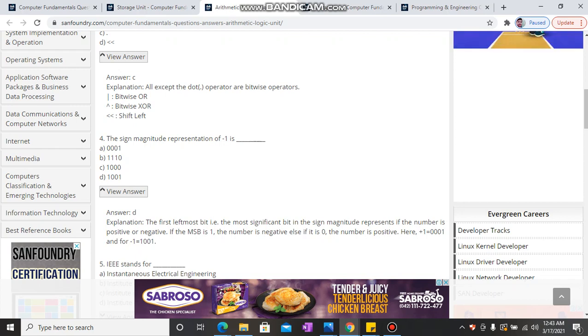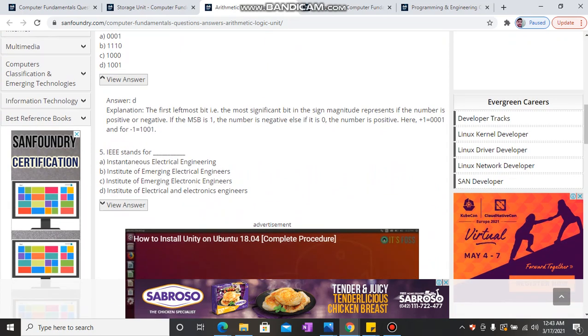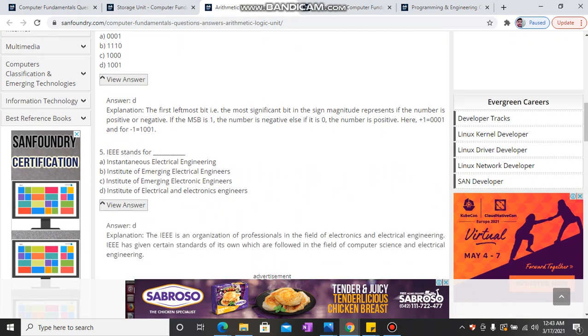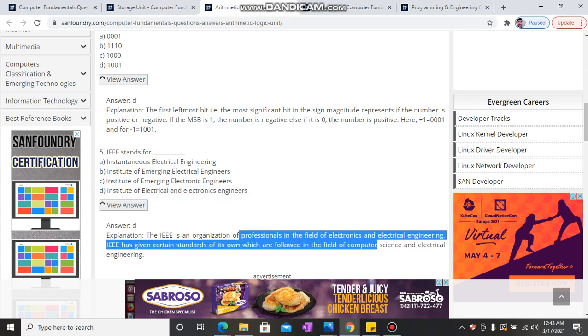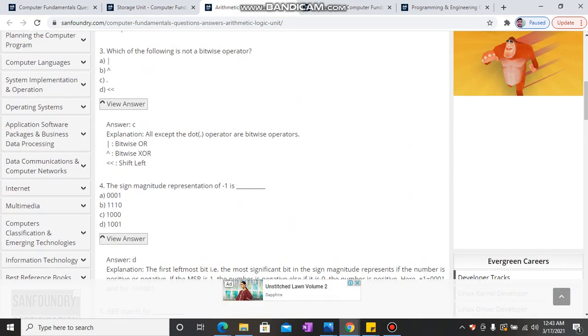If the MSB is 1, it is negative, and 0 is positive. IEEE stands for, very interesting, D, Institute of Electrical and Electronics Engineers. It's a professional organization for electrical engineering. IEEE has given certain standards of its own, followed by the fields of computer science and electrical engineering.